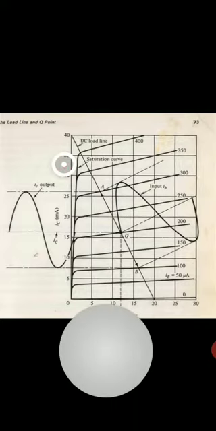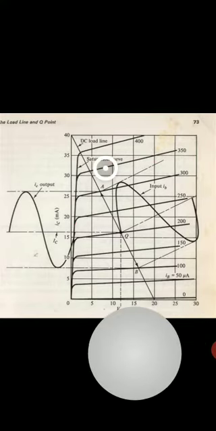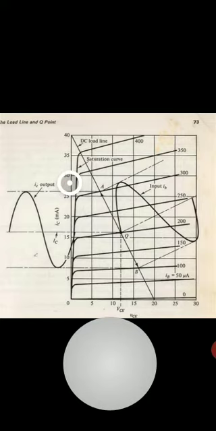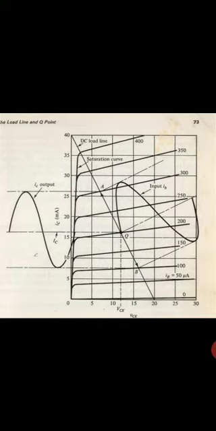If we increase IB, then our signal goes to the saturation region, and if we decrease IB, our signal will go to the cutoff region near x-axis. So we take Q point in such a fashion that our signal lies maximum in the active region. Here is the active region. Active region starts from saturation region to cutoff region.